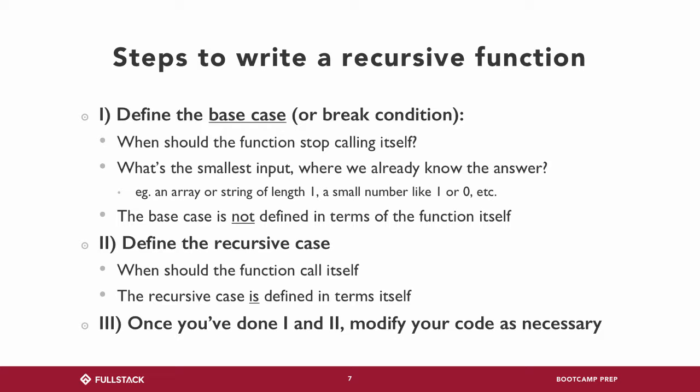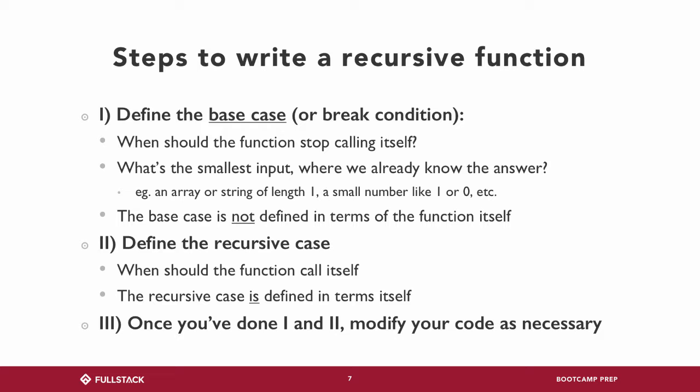I like to put the recursive case in the else, honestly, but it's just me. So the base case will be like if it's 0, then just log out done, else call countdown with n minus 1.